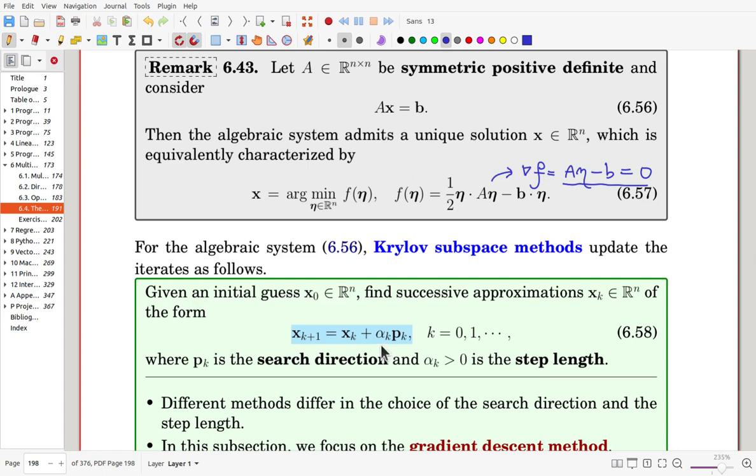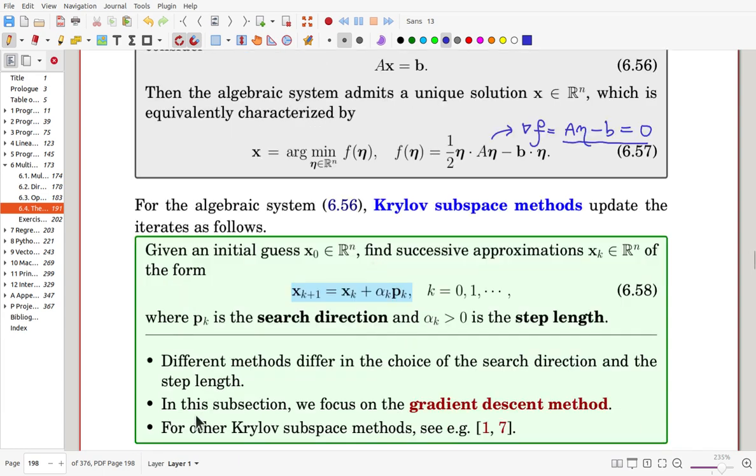The gradient descent method is one of the Krylov subspace methods. The different methods differ in the choice of a search direction and the step length. In this subsection, we'll focus on the gradient descent method. For other Krylov subspace methods, you may go to this reference.